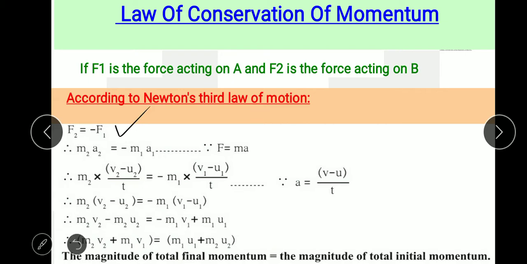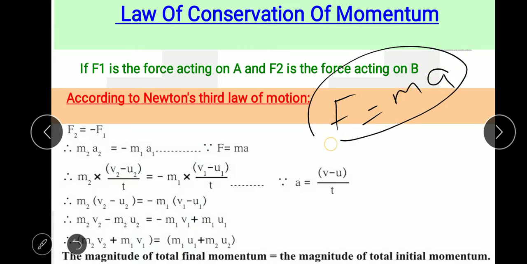What I'll do, students, is put the value of F, which we have already studied: F is equal to mass into acceleration, ma. So when we talk about f1, it will become m1 a1. When we talk about f2, it will become f2 is equal to m2 a2.